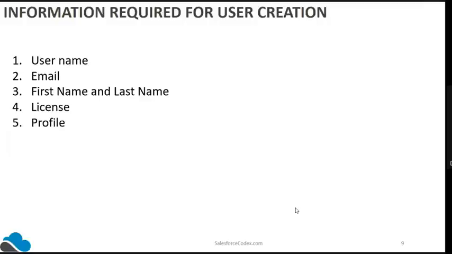First name and last name are very important, to identify who the user is. License: I've already told you, license is very important while creating a user. It says what kind of features that user is going to use in our Salesforce. And our profile, of course: what kind of objects and what kind of transactions he can perform, that is for the profile.